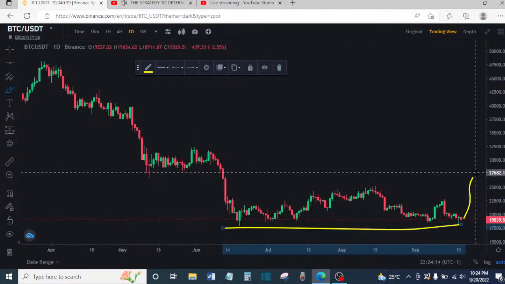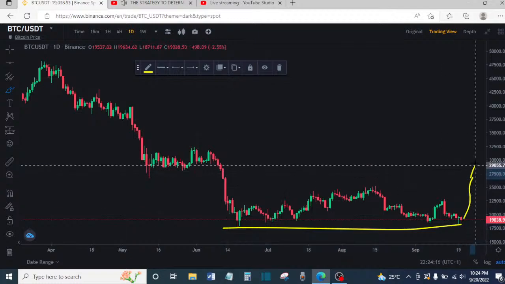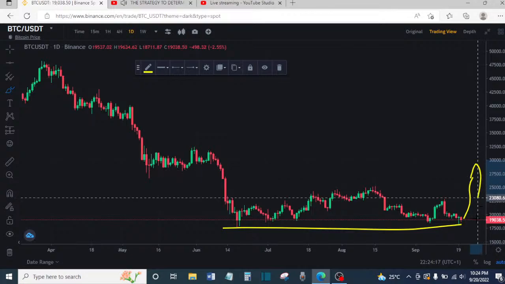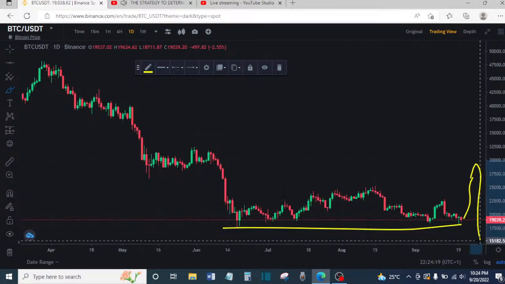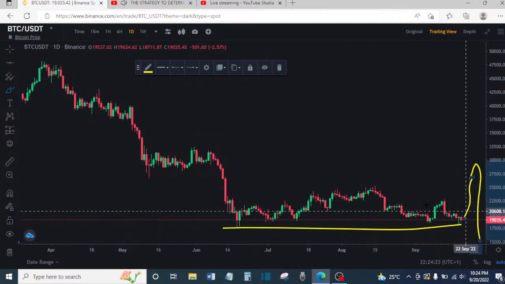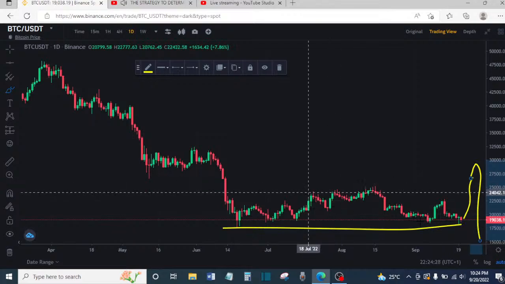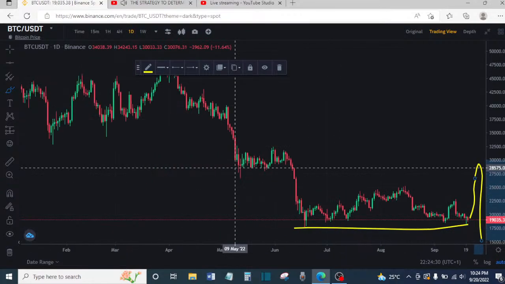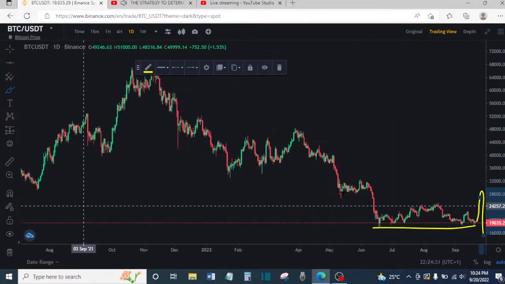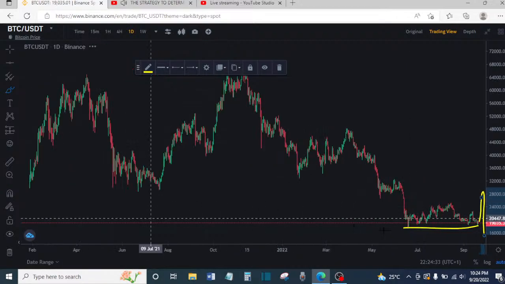So there is also the possibility of price, after clearing up to this extent, falling back down.